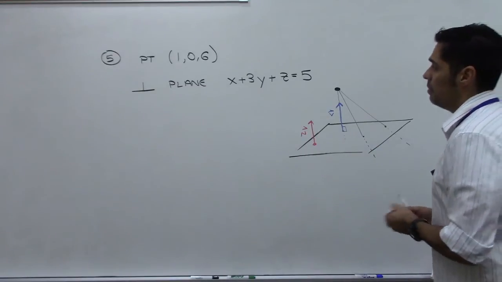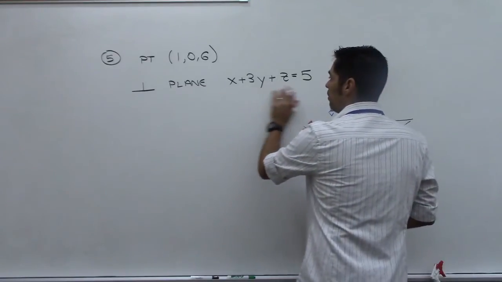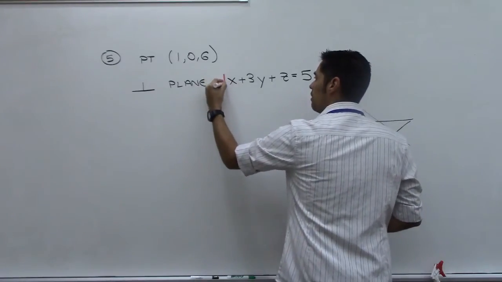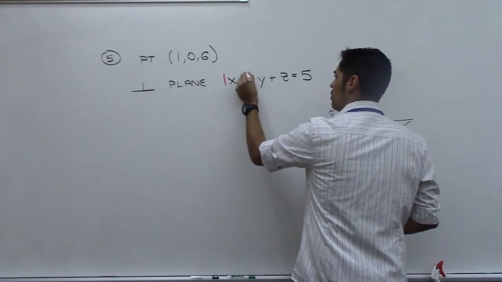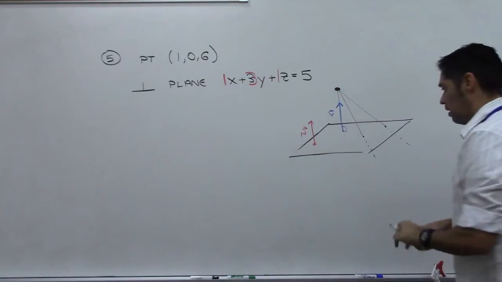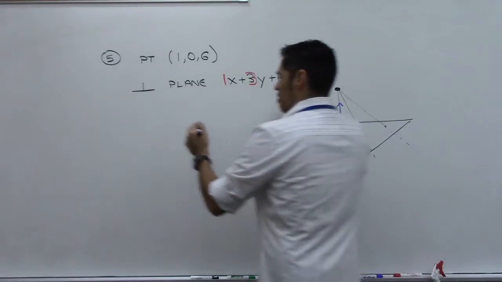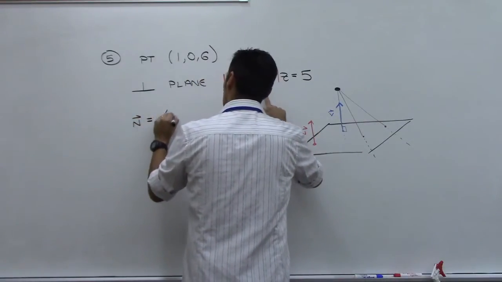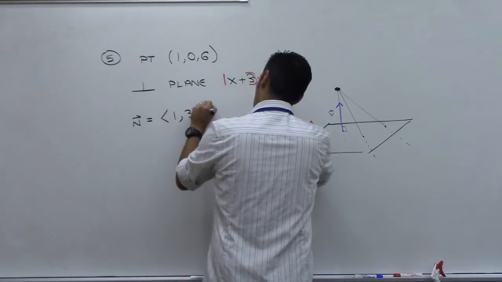That's easy to do, because if we have the equation of the plane written as follows, the normal vector is just the coefficients of the x, y, and z variables. So the normal vector of this plane is the vector 1, 3, 1.